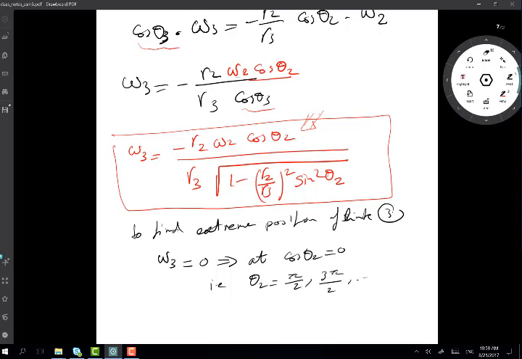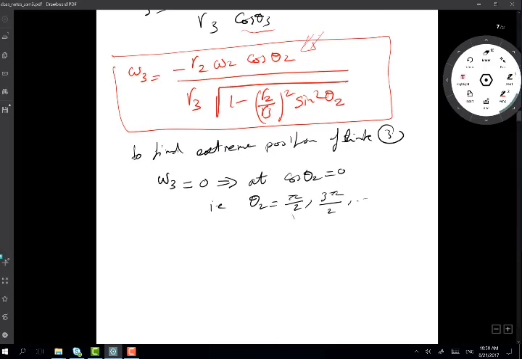So this means when the crank is vertical like that, that's theta 2, omega 3 is equal to 0. And the other one is when the crank is also vertical, here omega 3 is equal to 0. So this angle here is 270, the crank R2.